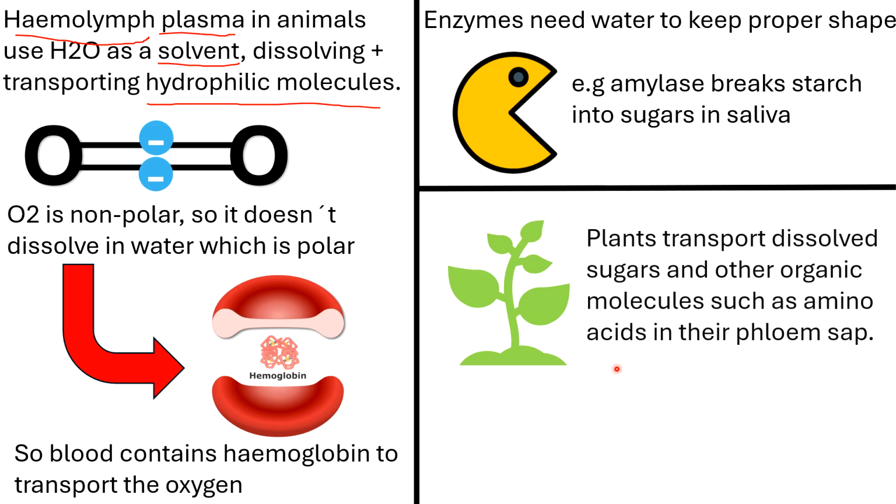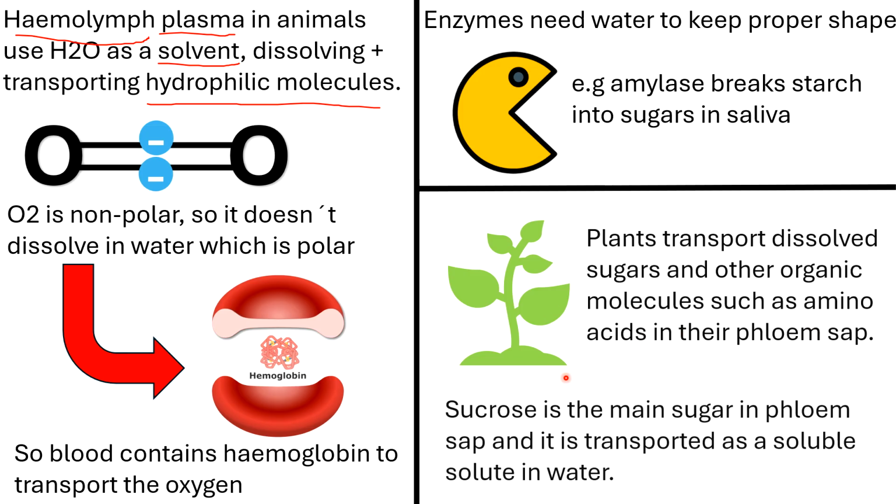So looking at their phloem sap, you should know the phloem is a certain transport tube that plants use. So this sap is mainly transporting sucrose, the sugar, and is transported as a soluble solute in water, so it is dissolved in water.